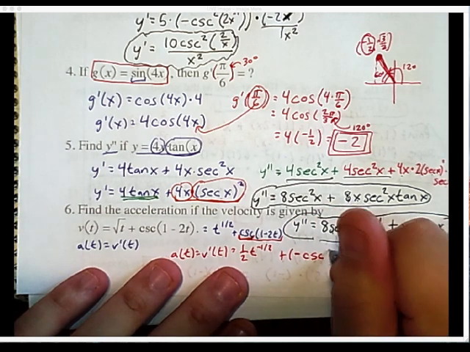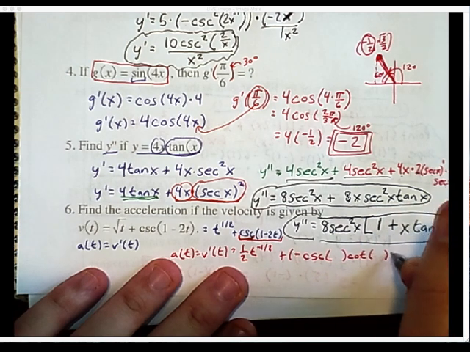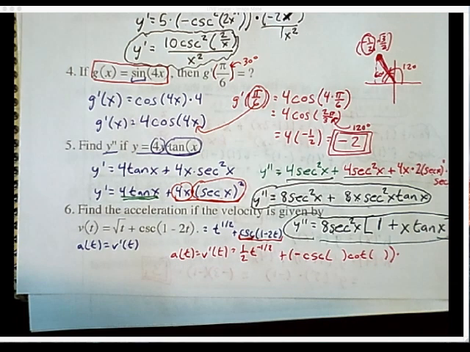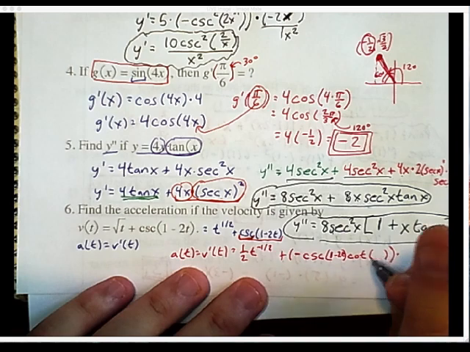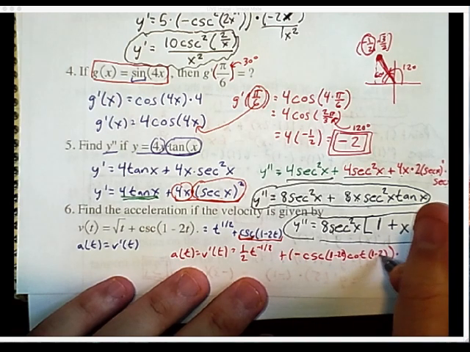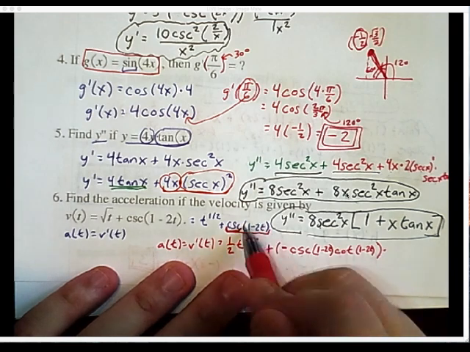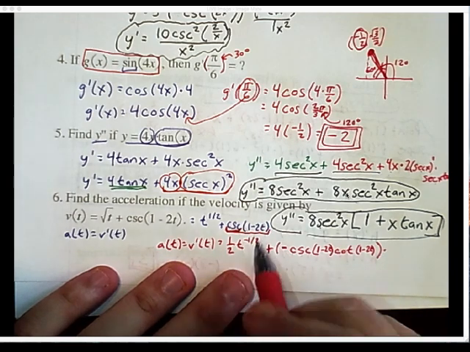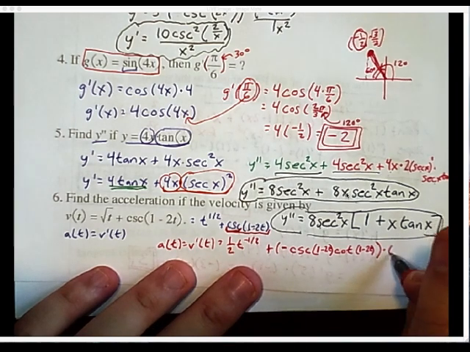Negative cosecant of something, cotangent of something, times the derivative of that parenthesis. So I'm going to keep the 1 minus 2t inside the parentheses to start with. Now I'm going to take the derivative of 1 minus 2t. Derivative of 1 is 0, derivative of negative 2t is negative 2.